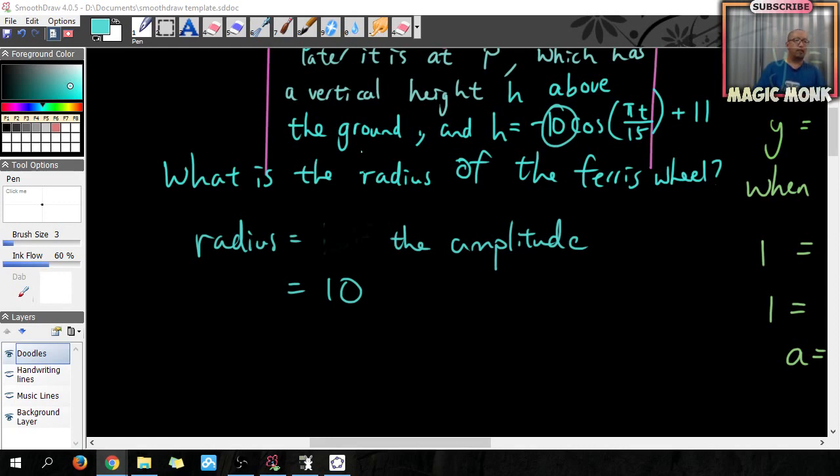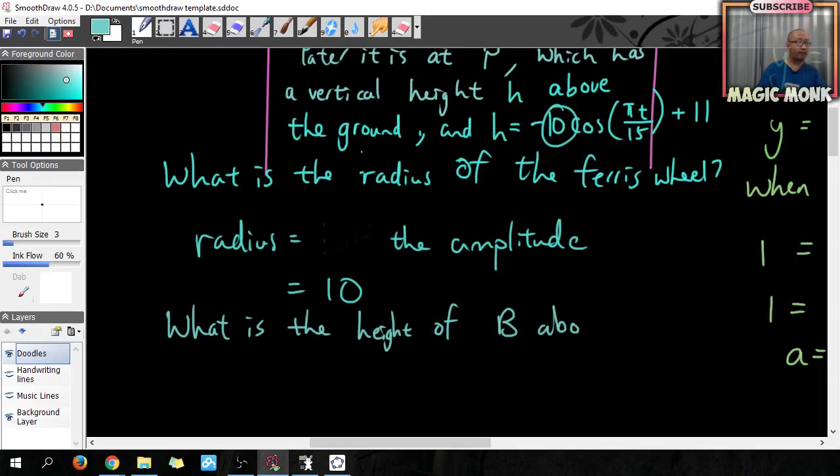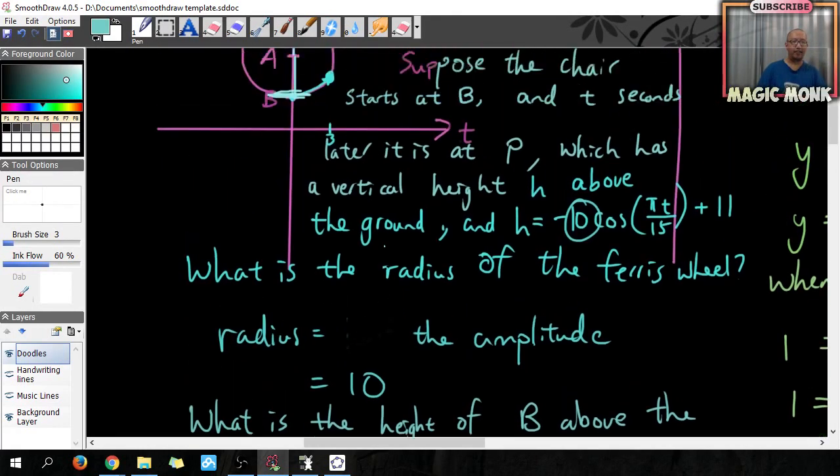Well, let's keep going with this. The next question, what is the height of B above the ground? Okay. See you later. It's funny, I actually want to keep going with this now.